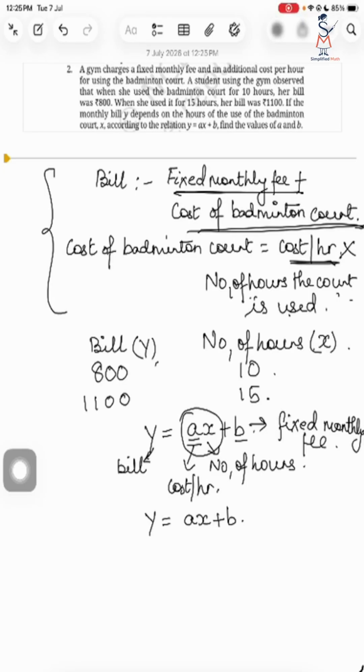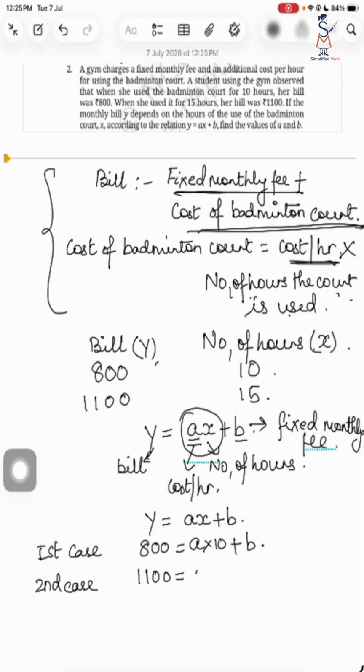Now we'll go according to the question. In the first case, I'll put the values. Y is 800, A we don't know, and X is 10, plus B. In the second case, Y is 1100, A we don't know, X is 15, plus B. So we got two equations.